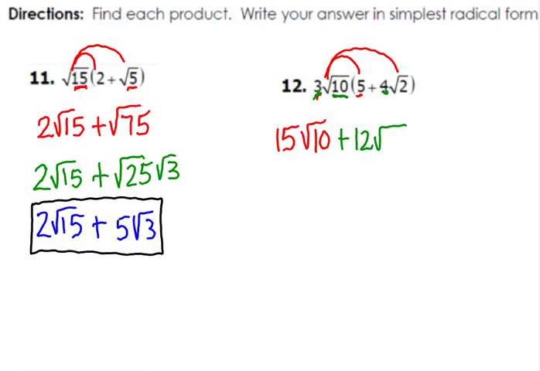And then what's 10 times 2? 20. And now we can simplify. So 15 square roots of 10 gets to stay the same. It can't be reduced anymore. But what perfect square goes into 20? 4 does. 5 times.